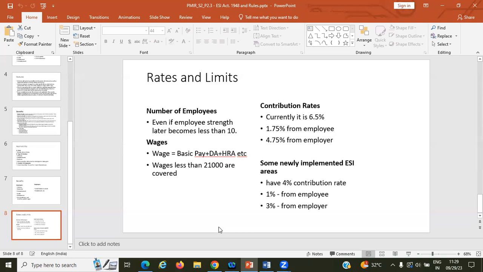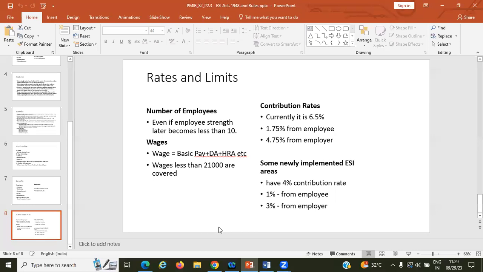And on the contribution side, a total of 6.5 is contributed. Out of 6.5, 1.75 is the employee's share and 4.75 is the employer's share. Employer is giving the bigger share, employee the smaller share.